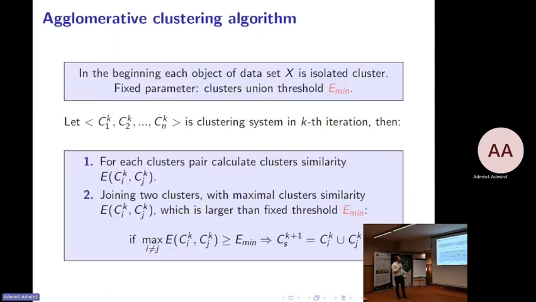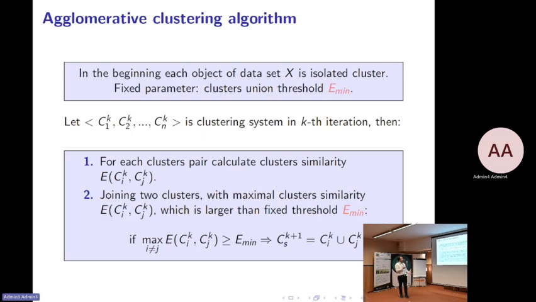And now about the clustering algorithm. We will use an agglomerative clustering algorithm. It is one type of hierarchical clustering. In the beginning, we consider each observation as an isolated cluster. In each iteration, we calculate all combinations of cluster similarities, and the two clusters which have maximal similarity are merged into one cluster.